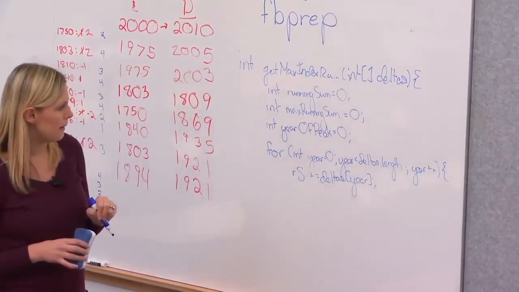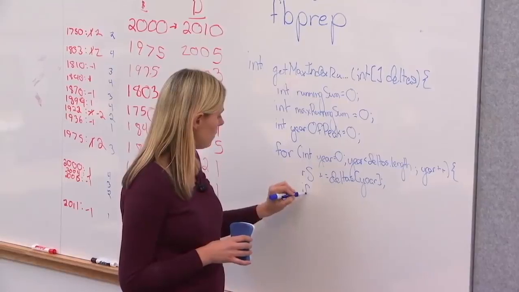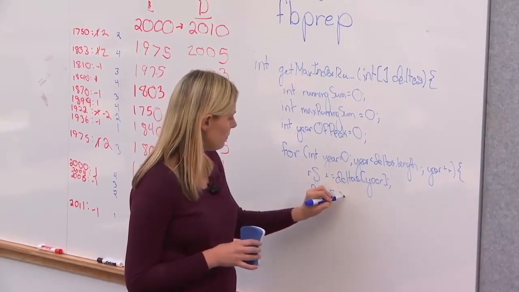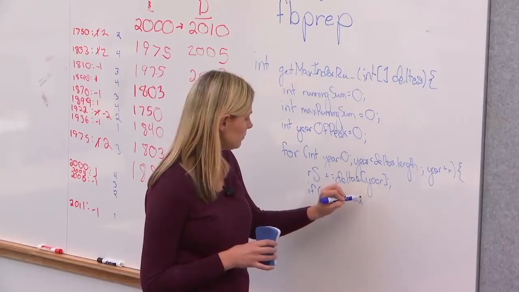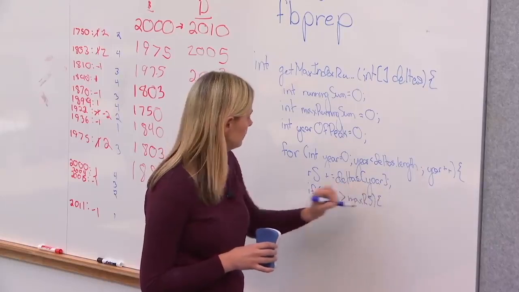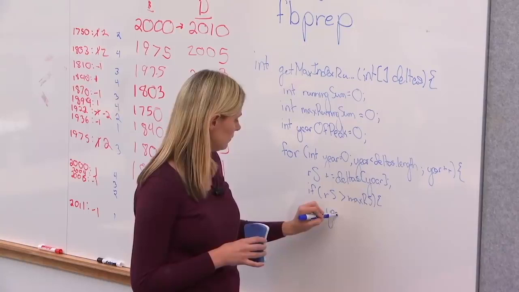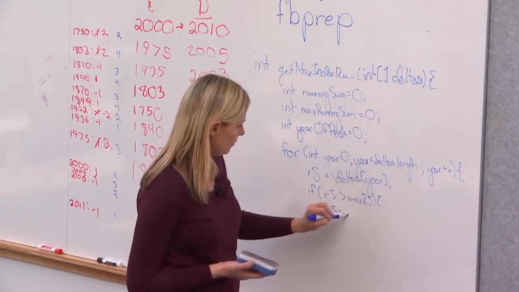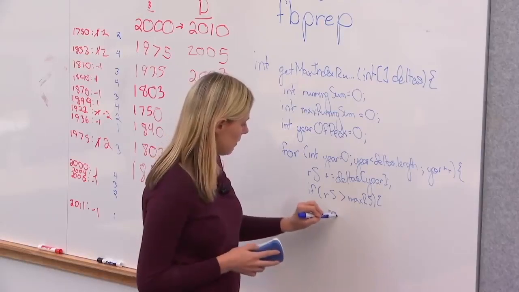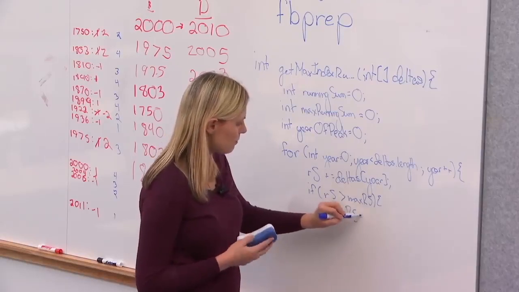Now I want to check if basically it's bigger than that. So if the running sum is bigger than my max running sum, then running sum becomes my max running sum. Again, abbreviation.